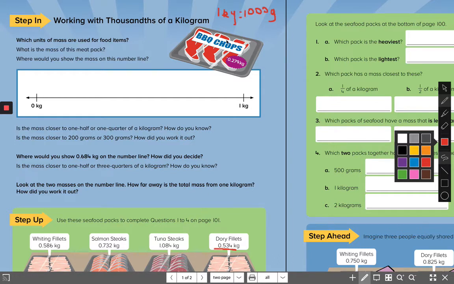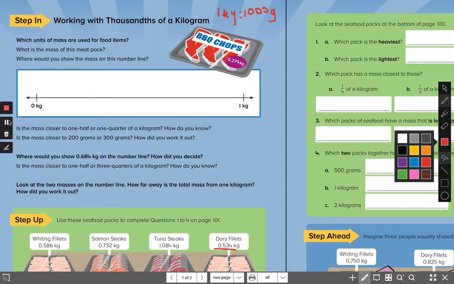So the weight of the barbecue chops, we've been working with money lately, so just keep thinking that, is 0.279 kilograms. Mostly, the food that we buy from the shop, unless we buy it in bulk, is measured in grams.